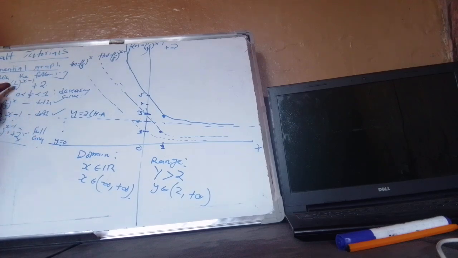If the base is a fraction, we start with a decreasing curve, and the other transformations will be applied to that decreasing curve. If the base is a whole number greater than 1, we start with an increasing curve. Anything happening to the increasing curve will be transformations of that function.